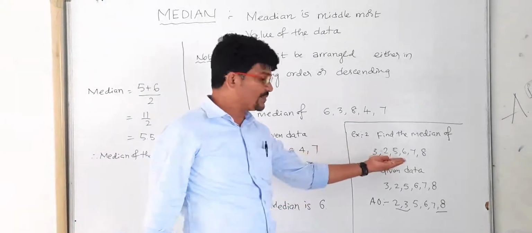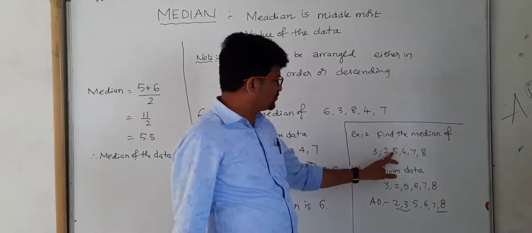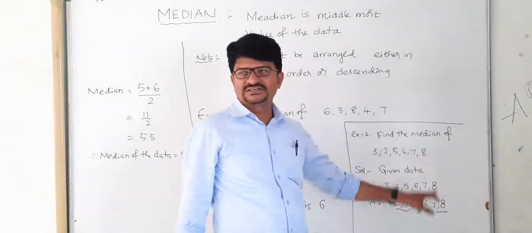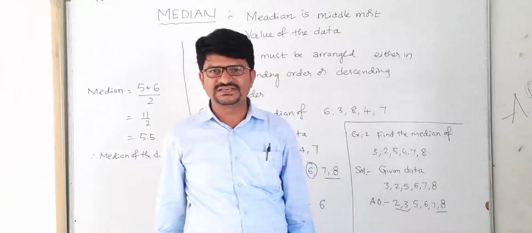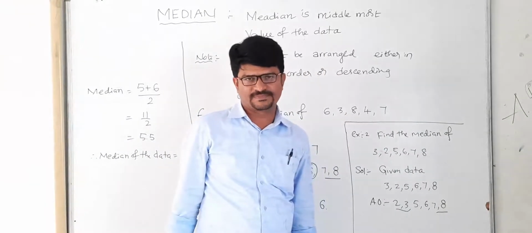But whenever the number of observations is even, here 1, 2, 3, 4, 5, 6, 6 is an even number. Then how will you find the median of this data?